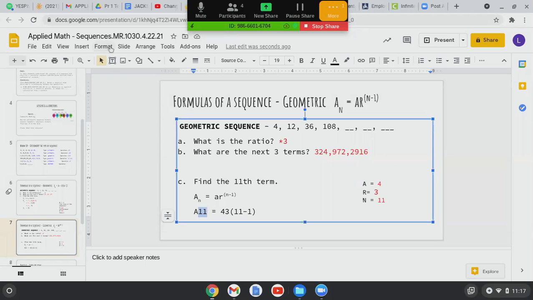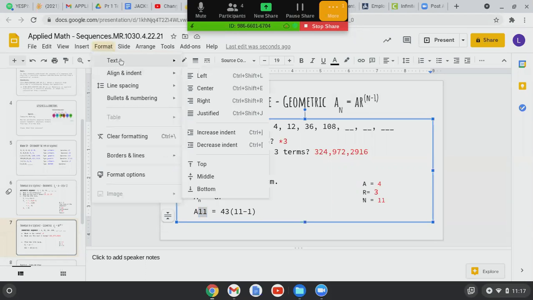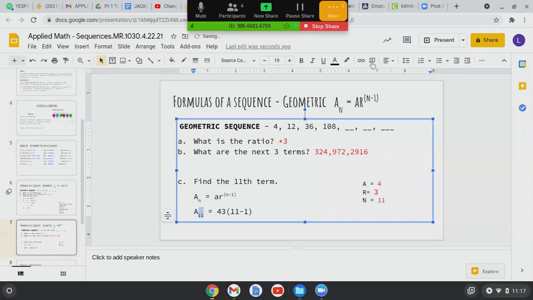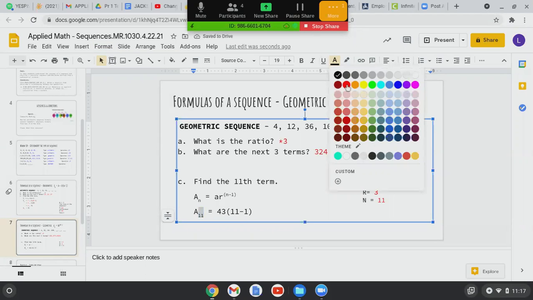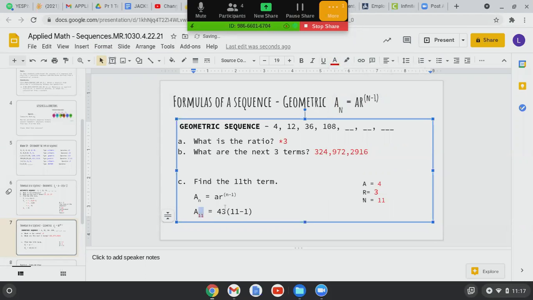So format, we are going to subscript 11. Subscript 4.